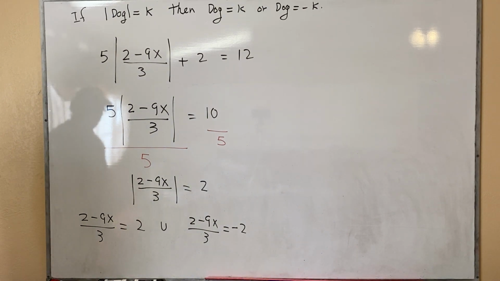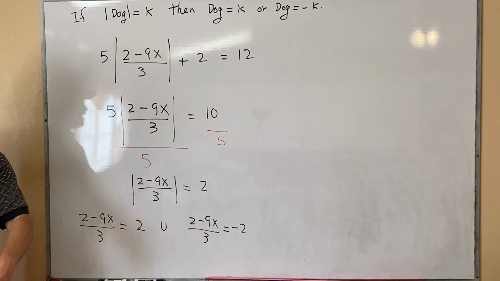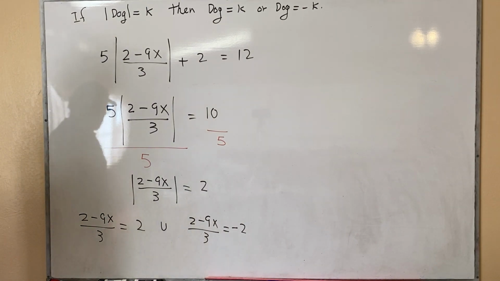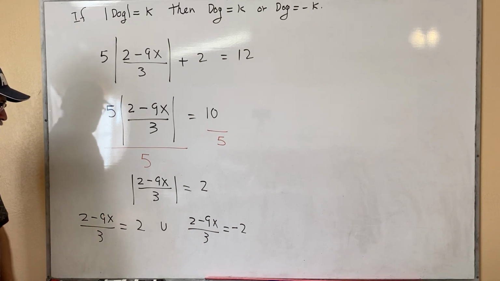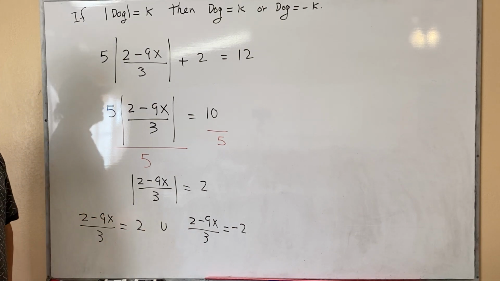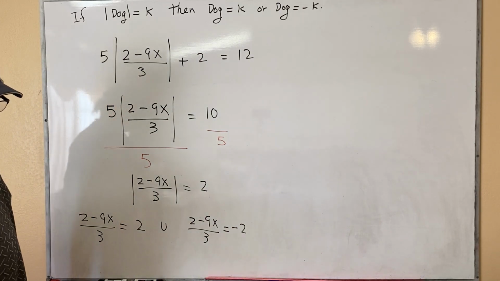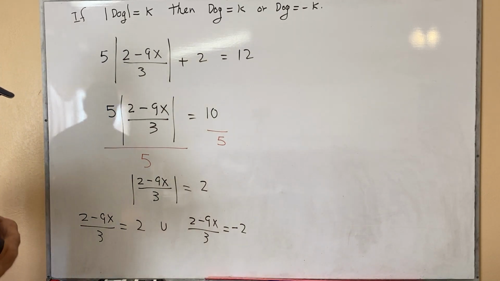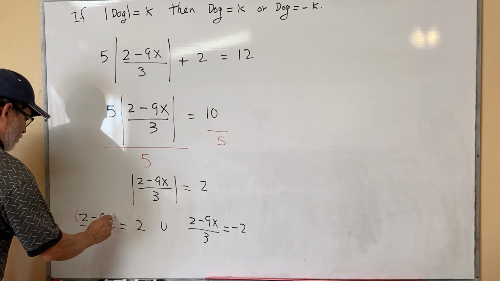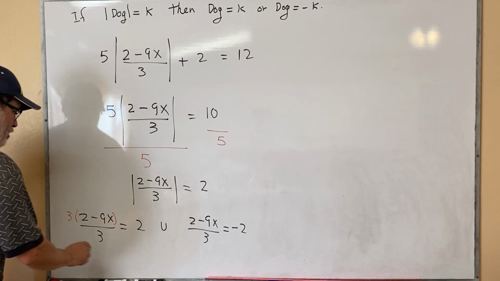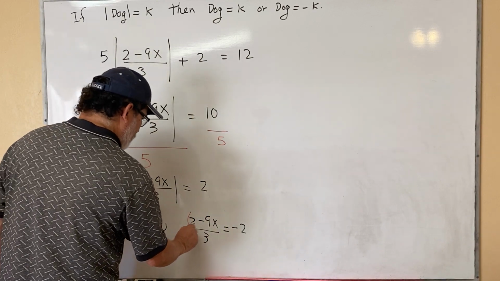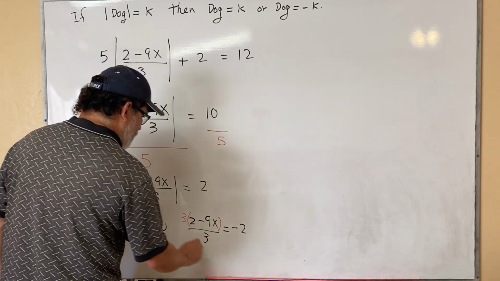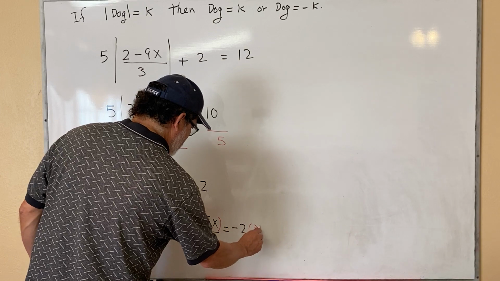Okay. By that property, let's multiply both sides by 3. Multiply this parentheses by 3. The 3's cancel, and multiply this by 3. Okay? I'm going to show you this time. By 3, by 3, by 3, by 3.